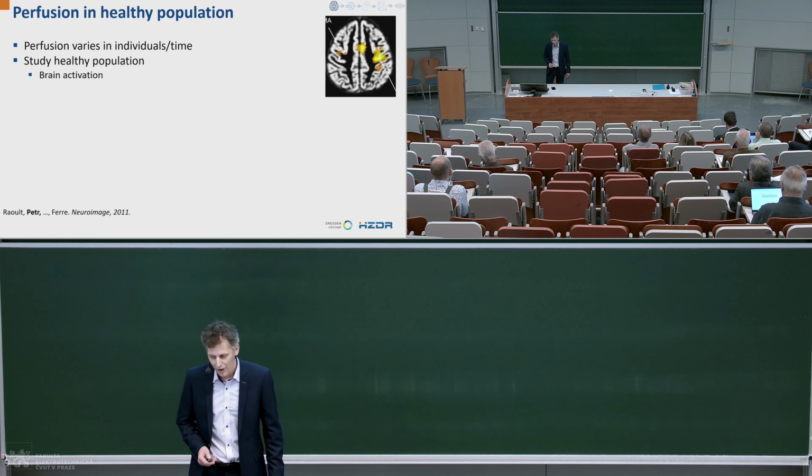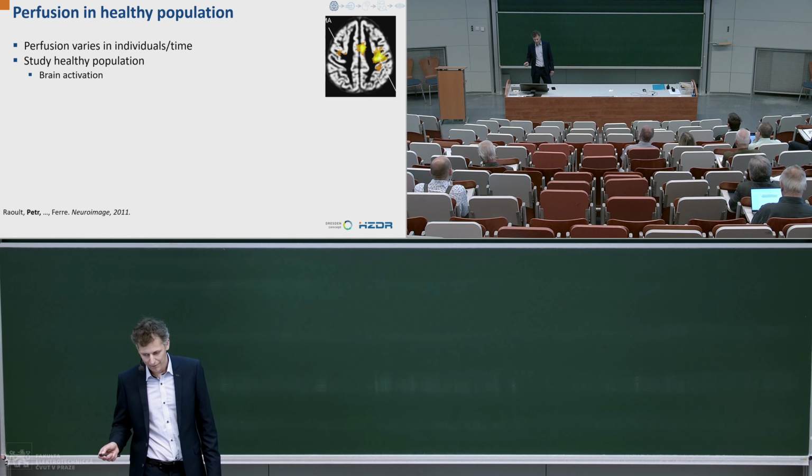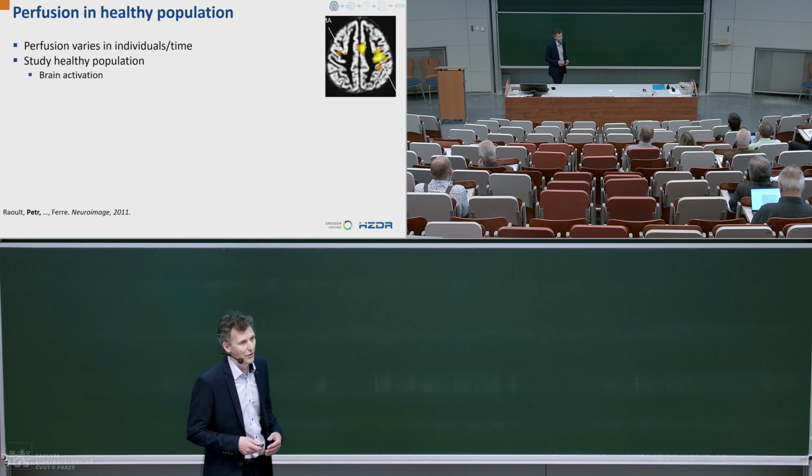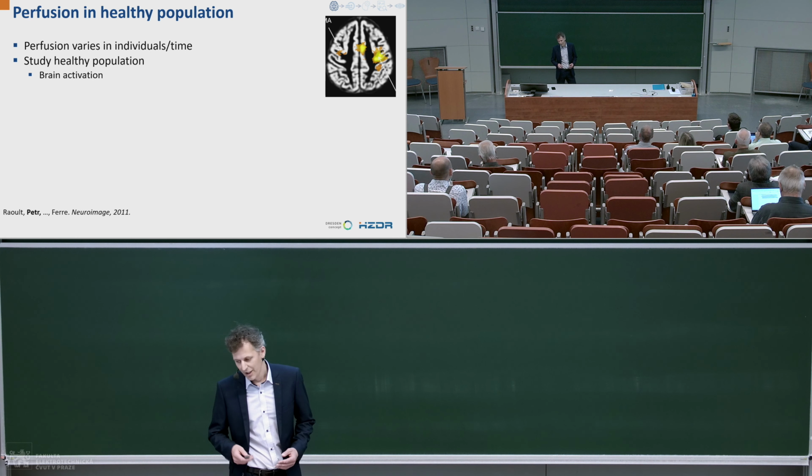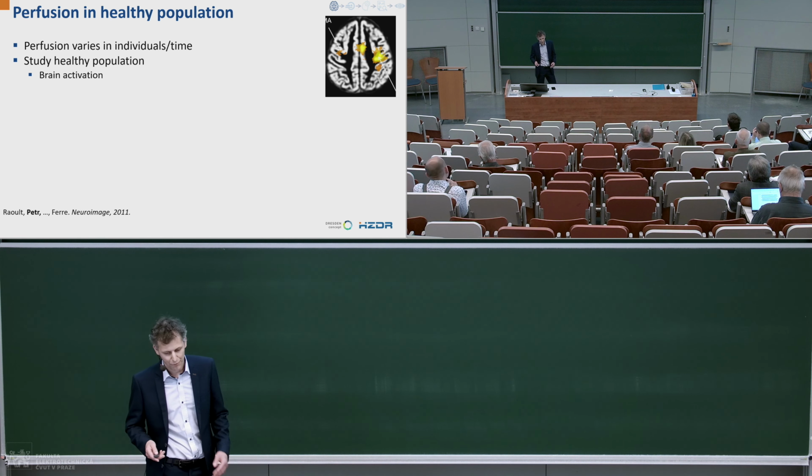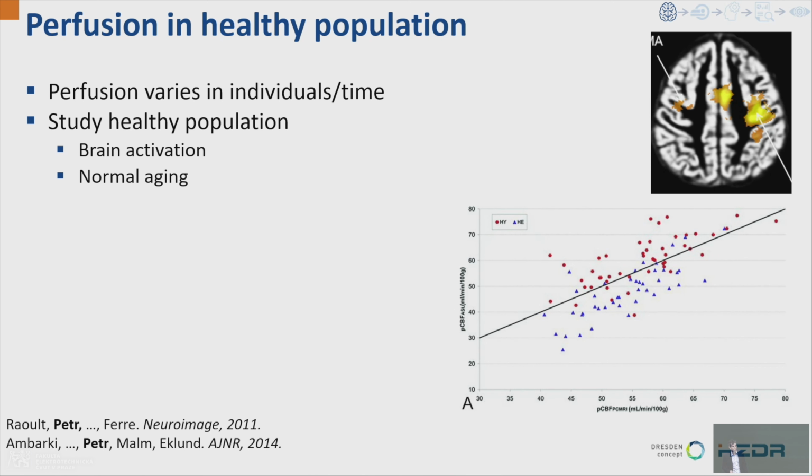As an example, we can study brain activation in some regions related to a task, because when the brain is active, the perfusion goes up in the related region. Also, perfusion changes with age. For older subjects, it decreases compared to the younger population, and this gives us a good parameter to study normal aging.